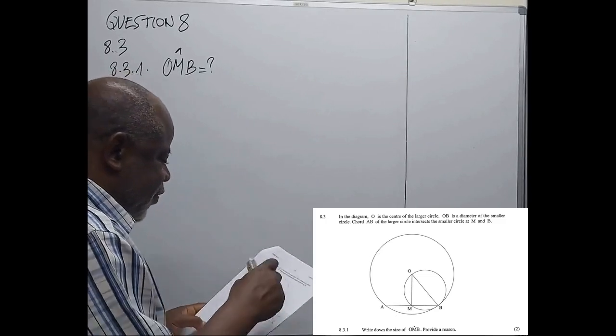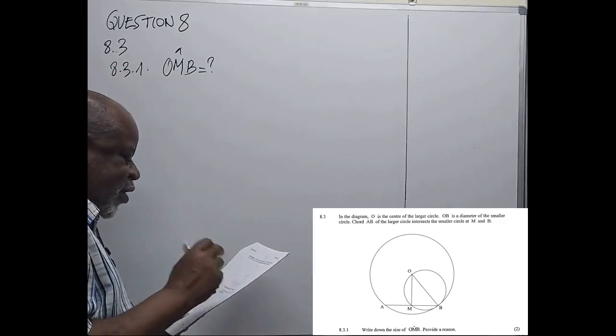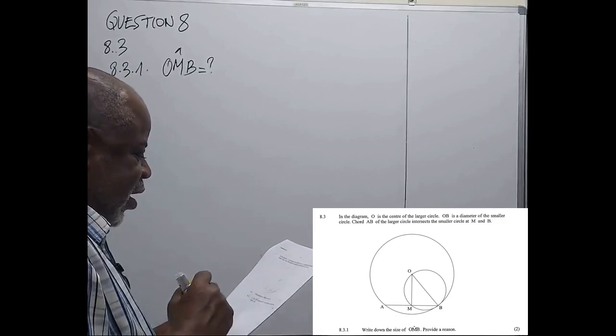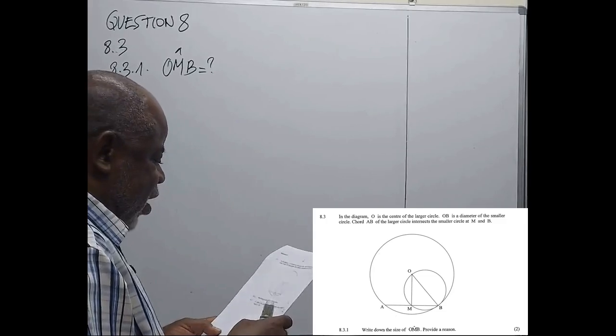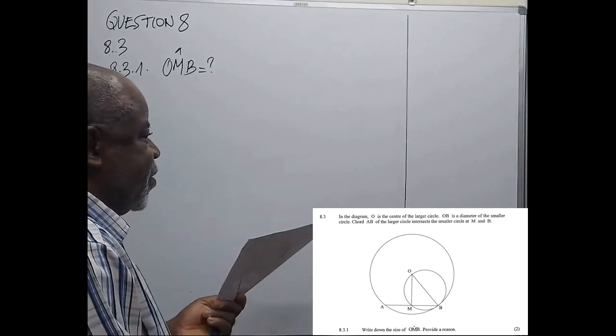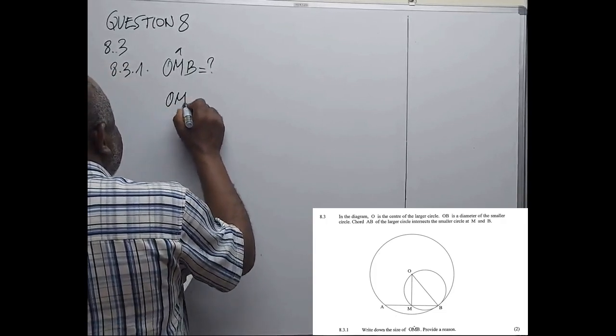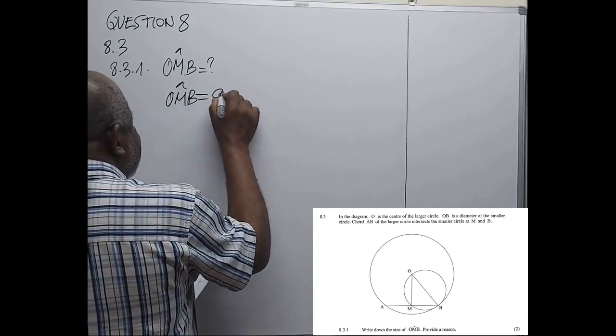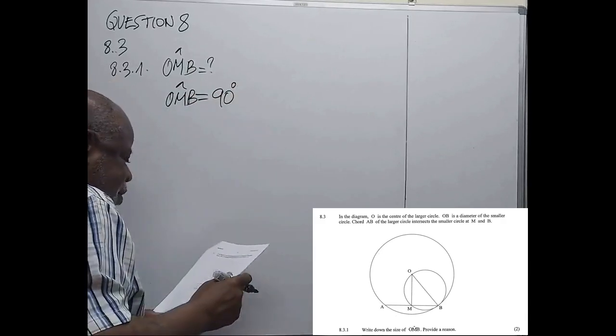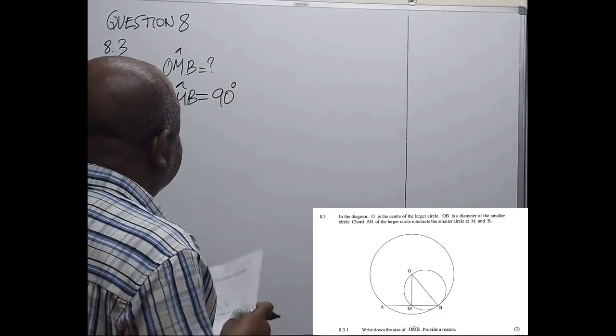So OB is the diameter of the smaller circle. So we will say that angle OMB will be equal to 90 degrees. This is a statement.